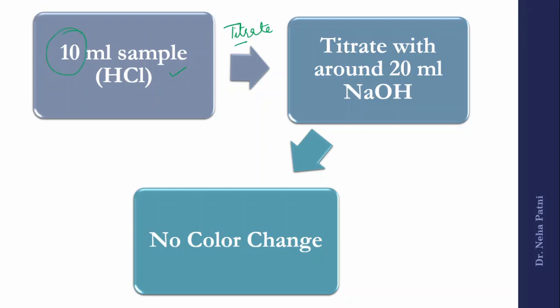Then you have to titrate it with NaOH, and there is no color change here. You just have to titrate it with NaOH, and that is the difference in this titration. We are not going to add the indicator, so there will be no color change. You simply have to add the base to the acid continuously.